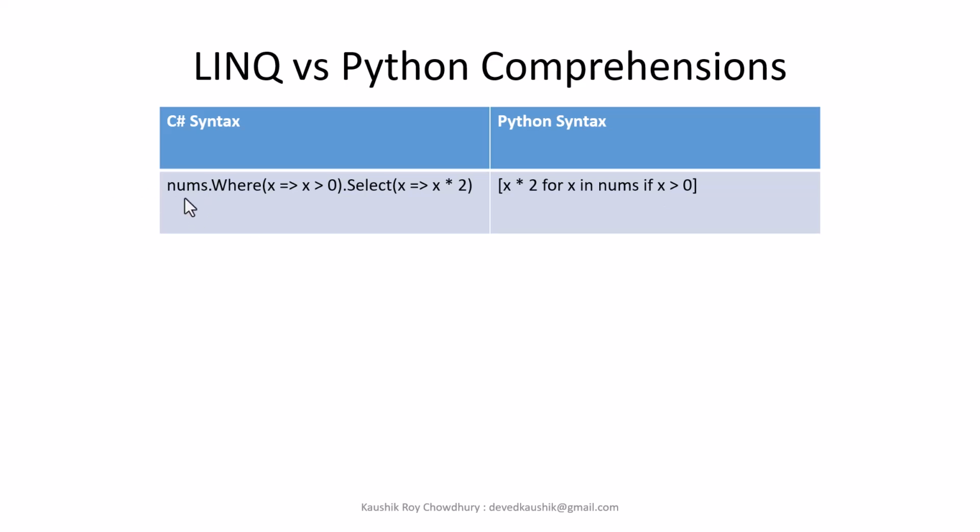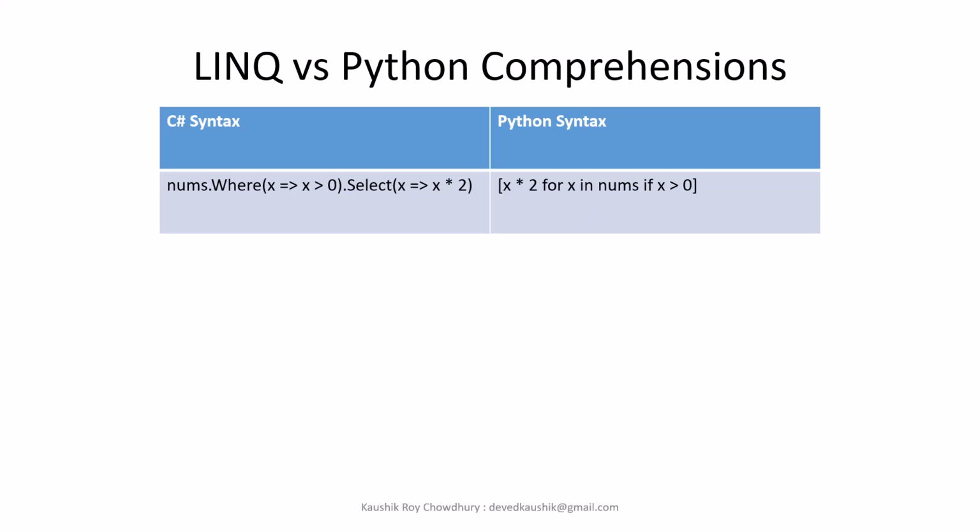The C# equivalent syntax is nums dot Where x goes to x greater than 0, then after going through this condition, it selects x times 2, multiplies x by 2. Okay, and it is a much shorter, easy to remember and implement.